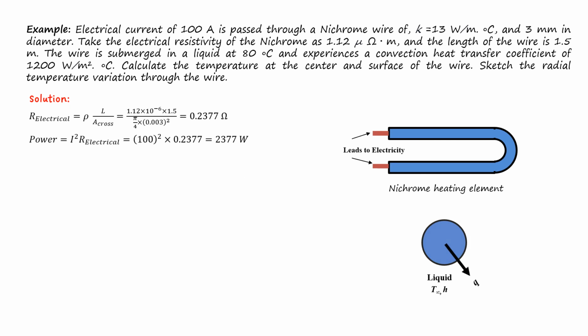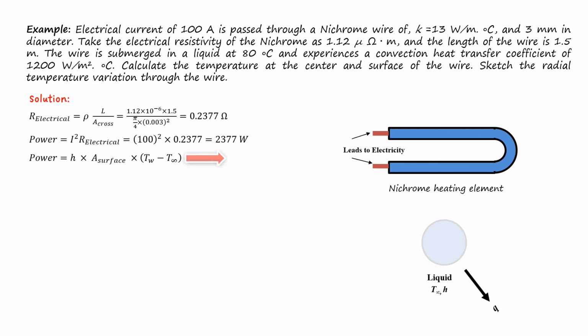Of course, we know that the power equals I square, the current, times R electric. That will end with 2377 watt. This is the power generated by the heater or the nichrome wire.